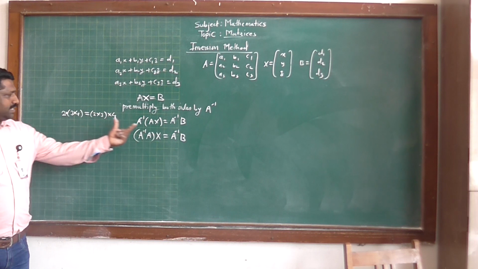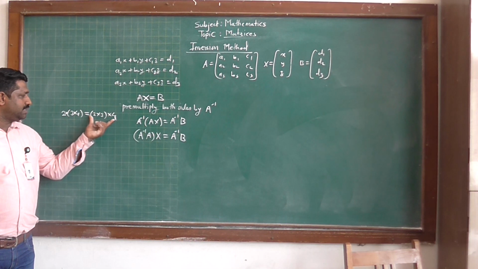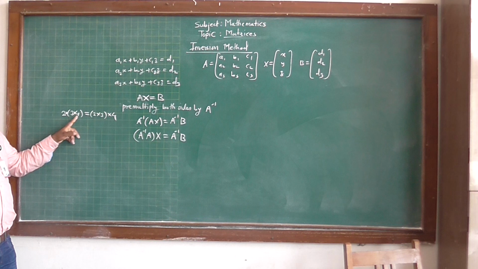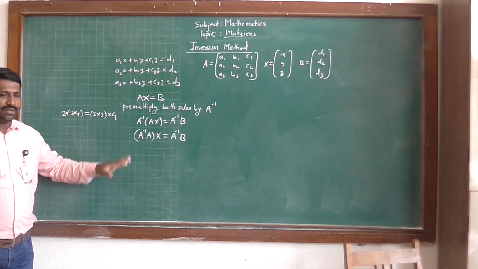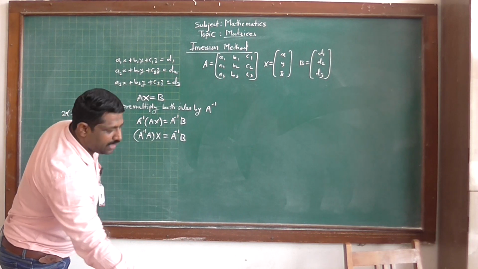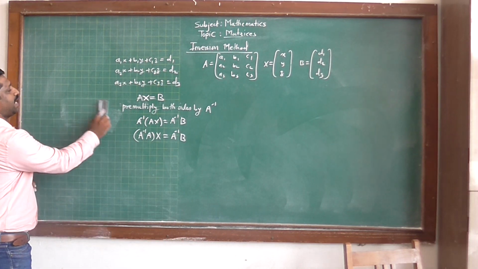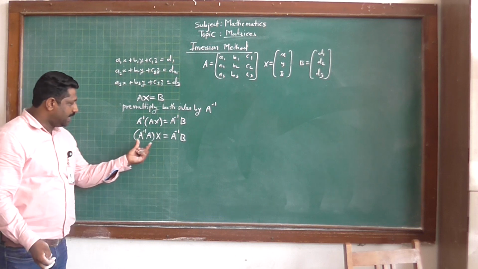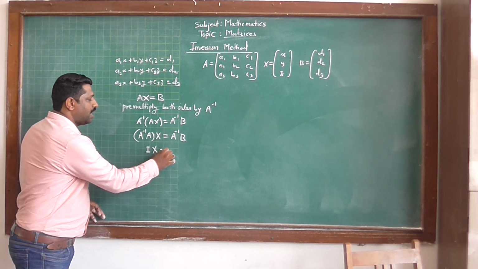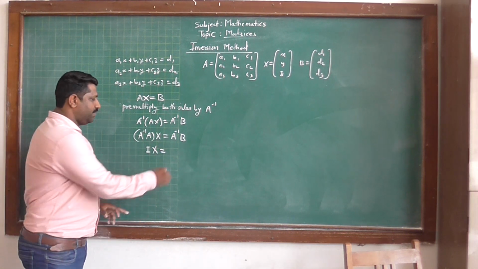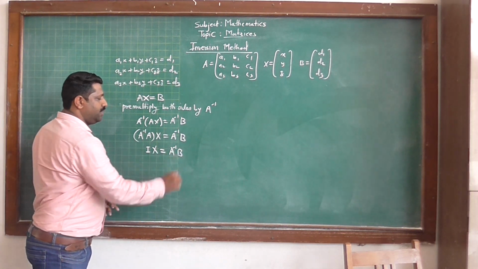So 3 into 4 is 12, 12 into 2 is 24, similarly 6 into 4 is 24. So it does not change the answer. So here A inverse into A is again the identity matrix I into X, is equal to A inverse into B.